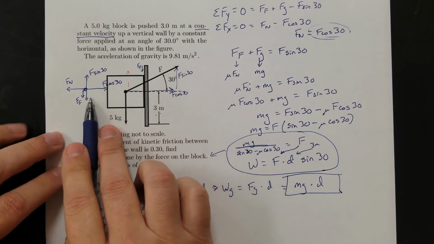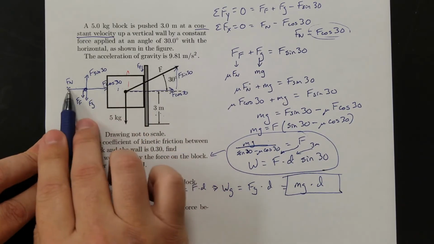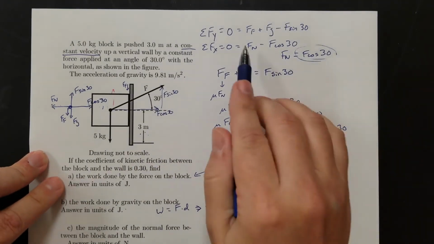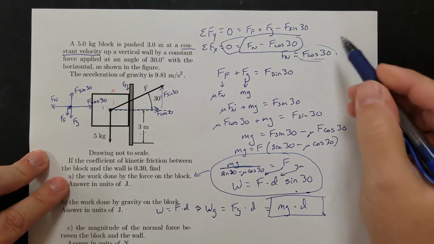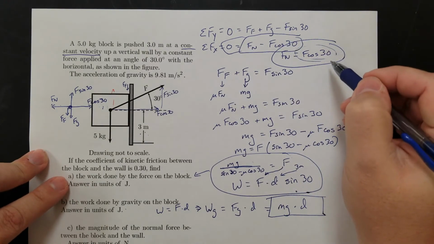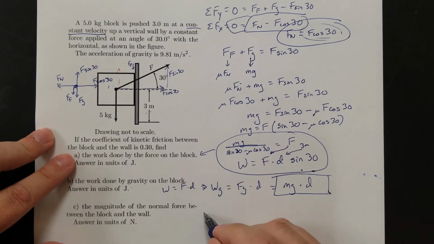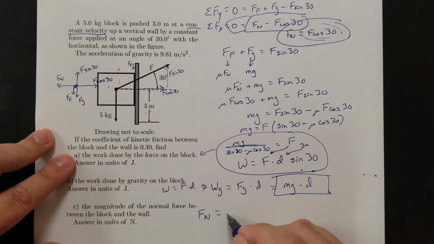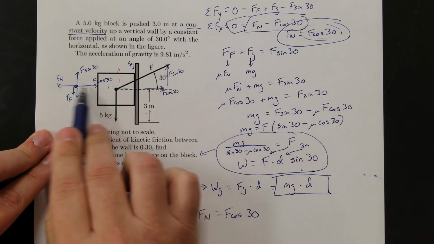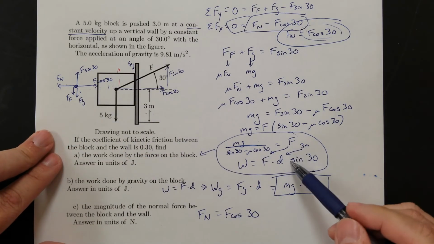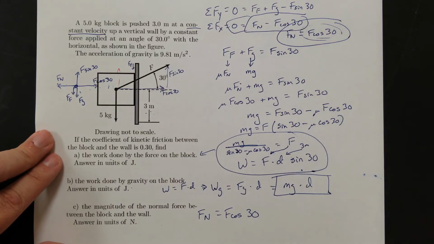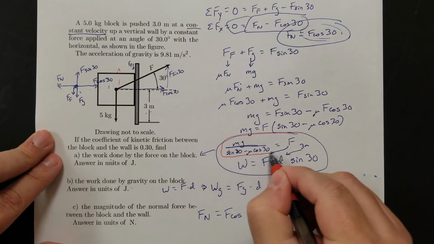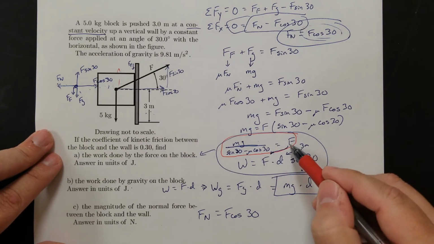Because when I draw my free body diagram, I can see that these two forces are the same. So from my x equation, I have Fn minus F cosine theta equals 0. So Fn equals F cosine 30. Whatever F was, and I already figured out F in part A. So remember this right here gave me F. For part 1, I had to plug F in here.